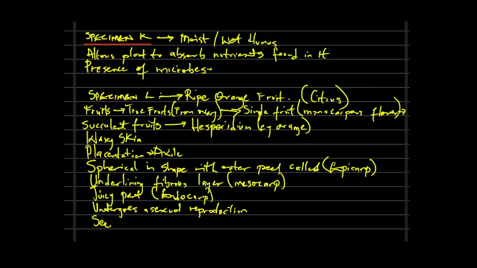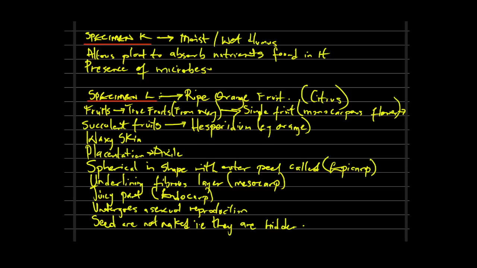Sorry, the seeds are not naked. That means they are hidden. The seeds are hidden in the fruit. So that is what we have for the specimen of the ripe orange fruit.